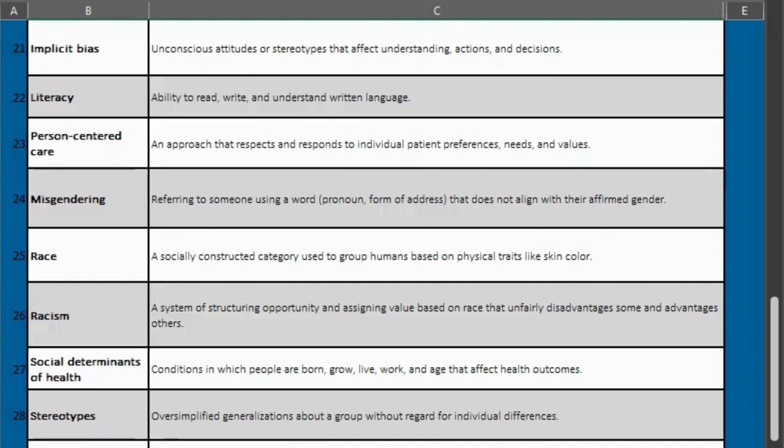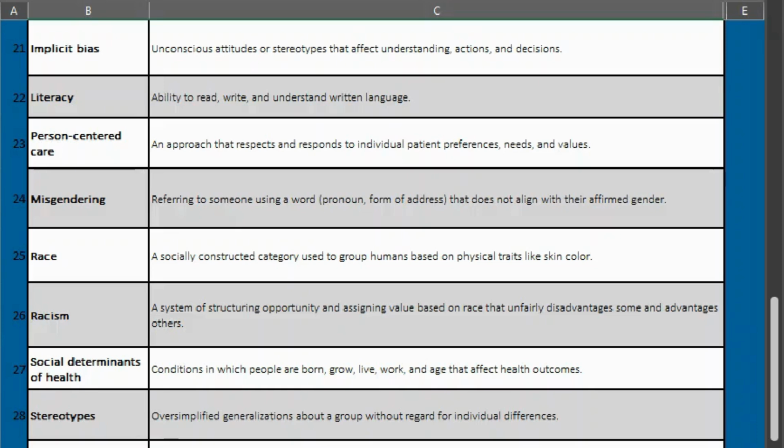Misgendering is referring to someone using a word or pronoun form that does not align with their affirmed gender, meaning calling a transgender man ma'am can erode trust. Use correct honorifics.